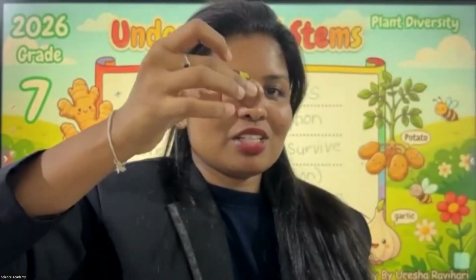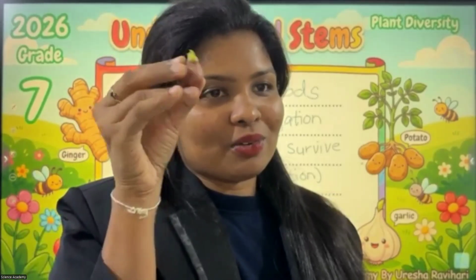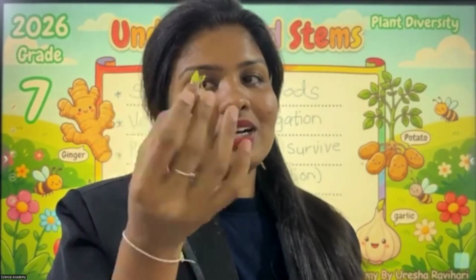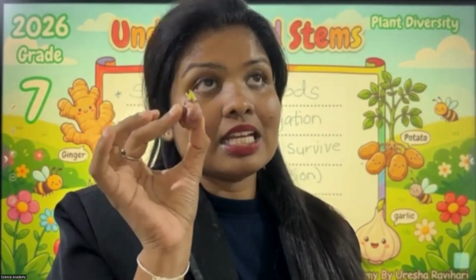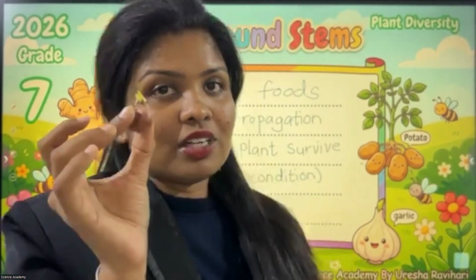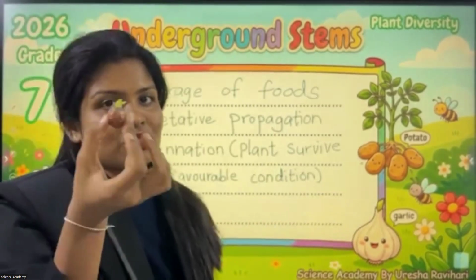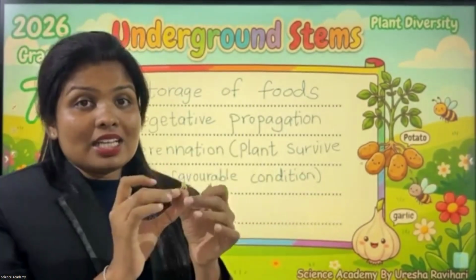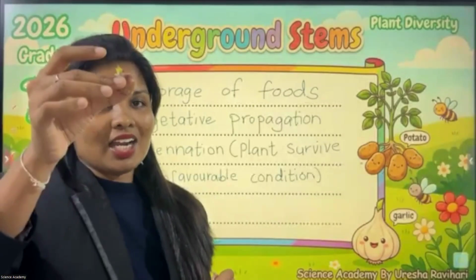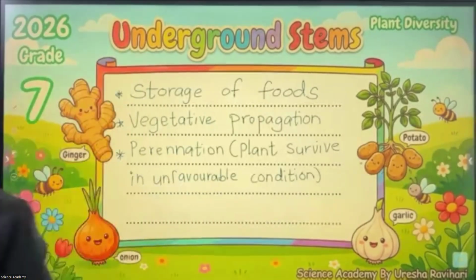If you establish this on the ground, we can get a new plant, but we have to maintain the moisture content in the ground. If there is too much water it will rot. So we can grow these most probably near Dambulla, Jaffna like areas, to avoid spoilage of the onion or the stem.